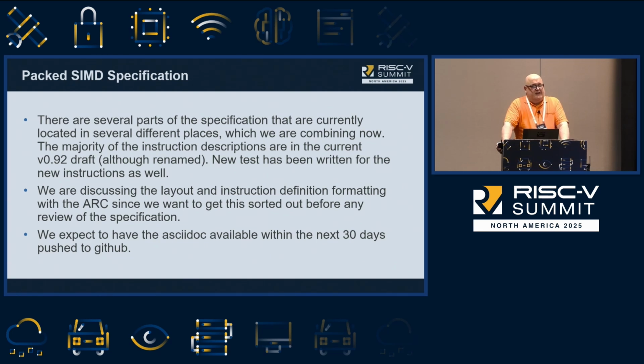So you've got the opcodes, you've got the syntax, you've got the functional descriptions, you have the Sail code for the implementation of the instruction, and then you have the intrinsic functions for C and for C++ for people to use. And we're expecting to have the first draft pulled together pretty much in the next month.